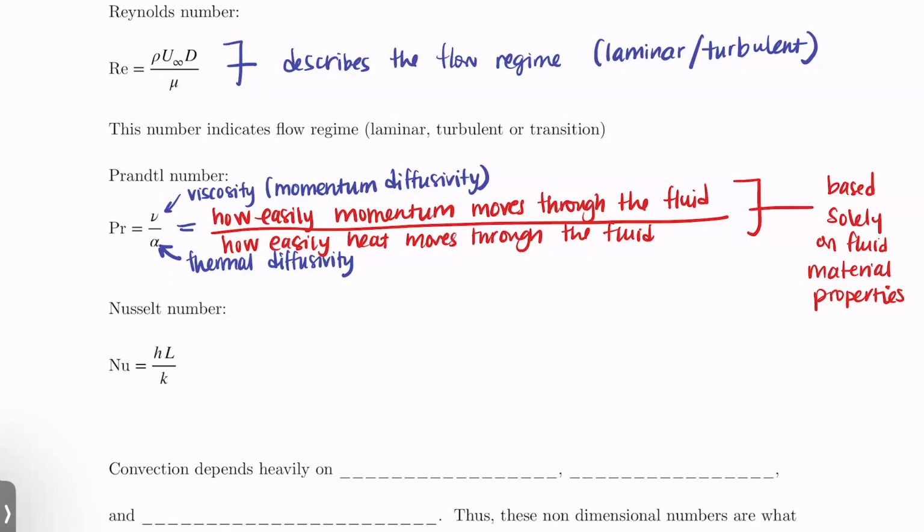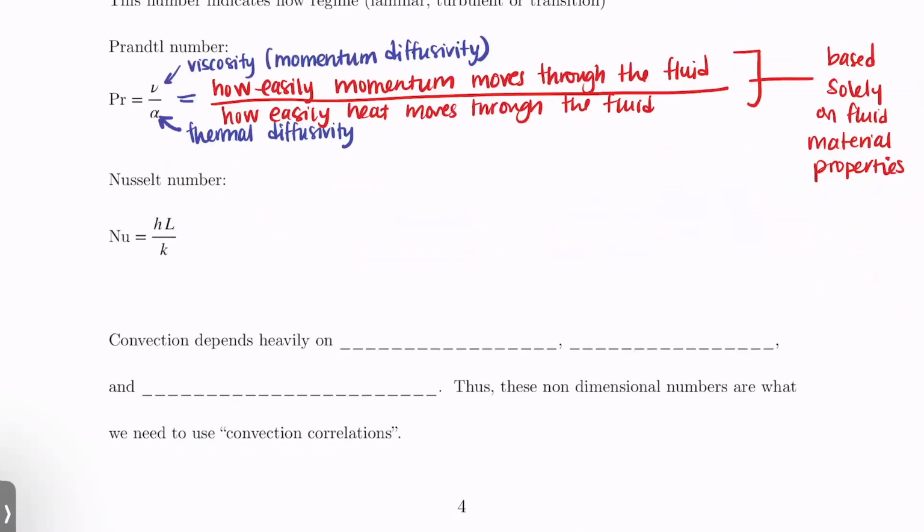So there's my disclaimer. Okay, next non-dimensional number is the Nusselt number. All right, you'll see H shows up in this one, right? So this is going to be actually important to us. And the Nusselt number gives us a ratio of the heat transfer via convection over the heat transfer via conduction.